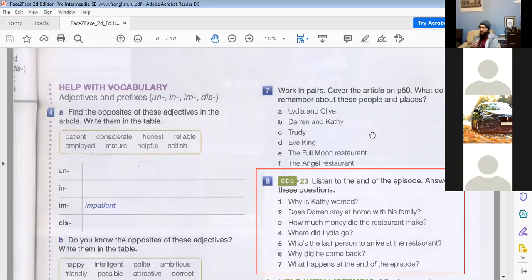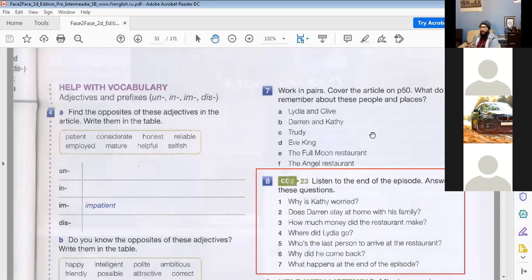But it says here, why did he come back? Maybe he forgot something. Maybe it's not Clive. Maybe Darren. Yes.